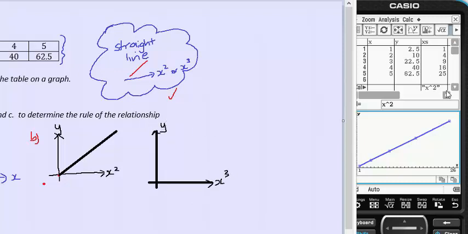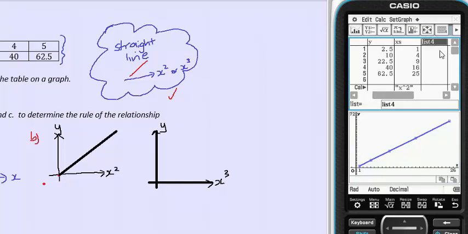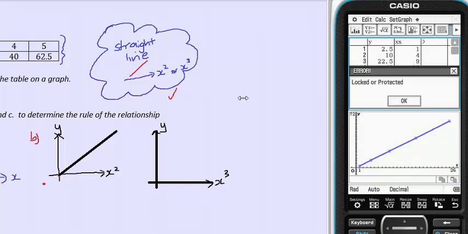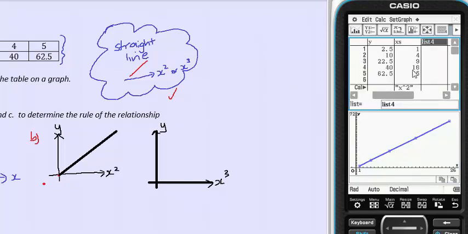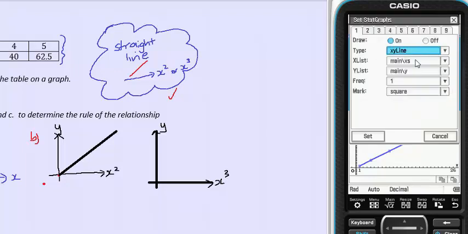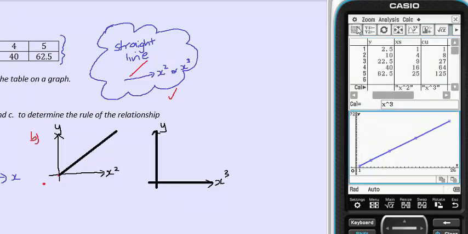And I'm going to find my points by finding an x cubed. I'm not allowed to use XC, so let's use CU for cubed as the title, and let's put our equation in as x cubed, and here are my numbers. Again sketching a graph that has my x cubed and my y, and hitting OK.